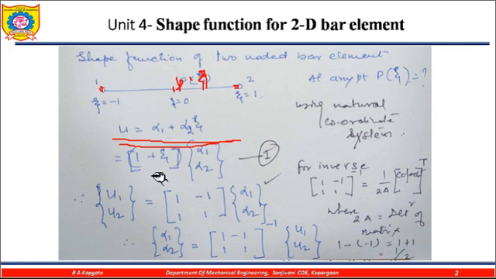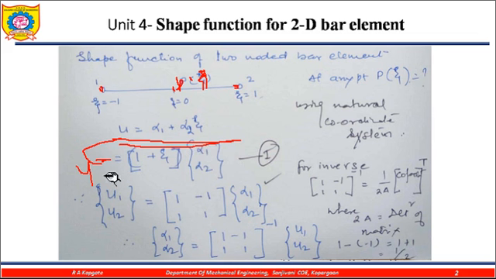Hence we need to convert this into matrix form. U is equal to the matrix 1 xi multiplied by the column matrix alpha 1 alpha 2.